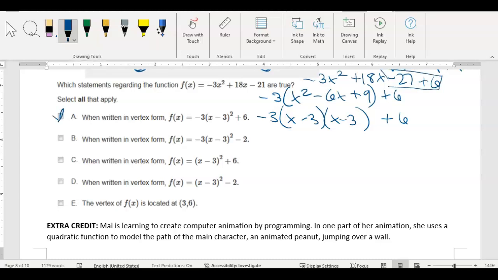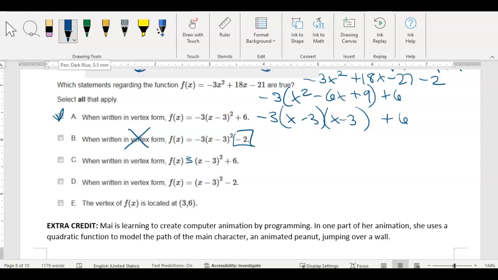So A works. Let's try B. Now B, notice, is the same as this except with a -2. So if I were to change this last part here to -2, I would get -29. So I know that that is not true. This next one is very similar to the first one, except that it is missing the coefficient of 3.